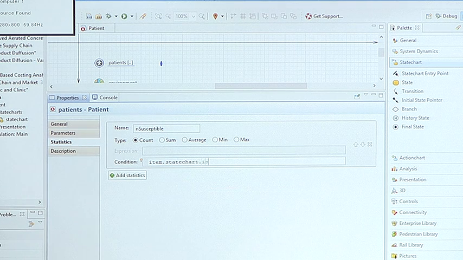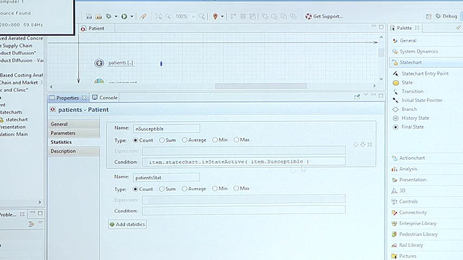State chart. Active state is susceptible. This is defined in the state chart. Item means current person. And we will copy this for all others.